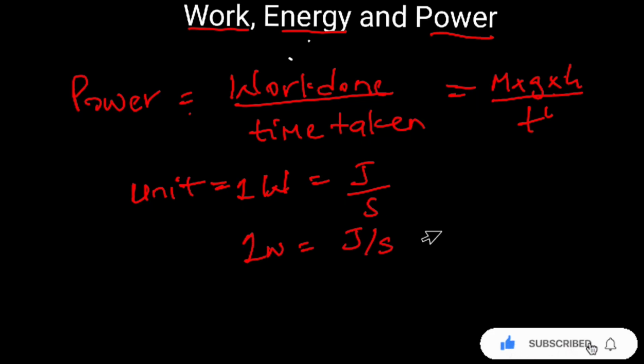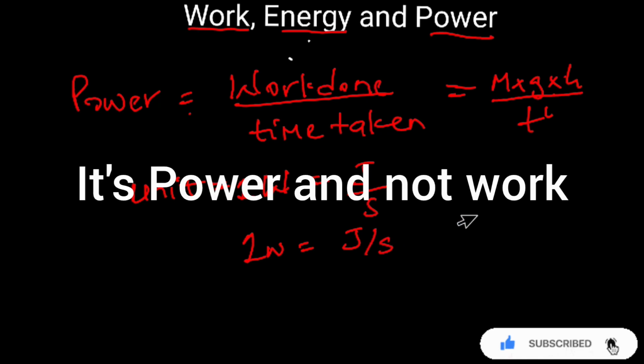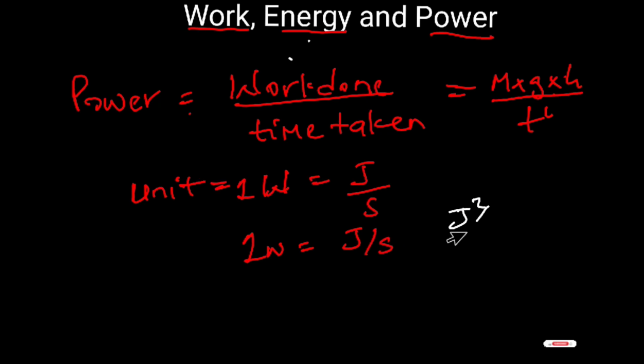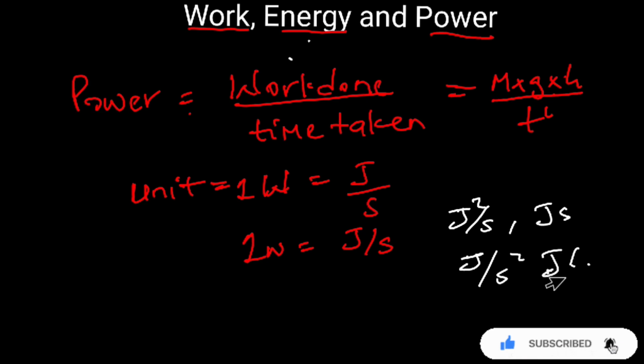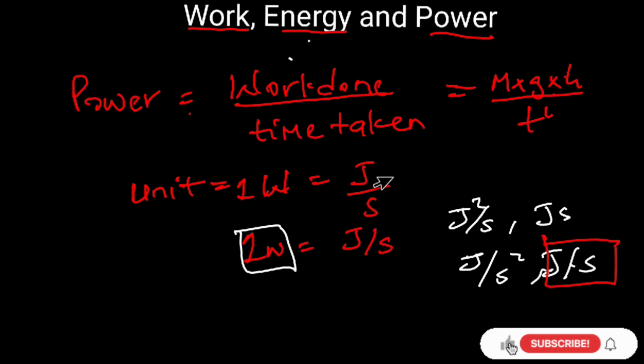Now you may be asked which of these units is equivalent to watt. You may be given joules square per second, joules seconds, joules per second square, and the rest of them, and also joules per second. So I want you to know that joules per second is equivalent to watt. So 1 watt is equal to joules per second.